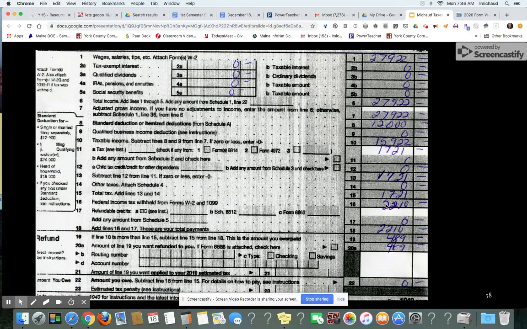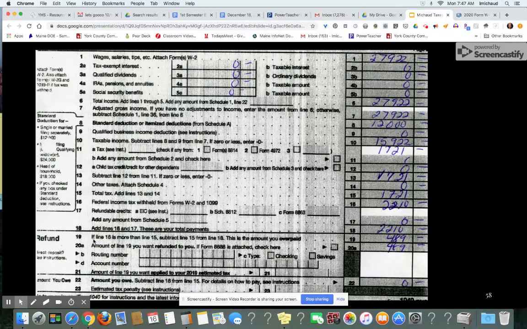So we put $2,210 on line 16, 0 for 17, and line 18 says add lines 16 and 17, so 2210 plus 0 is 2210.